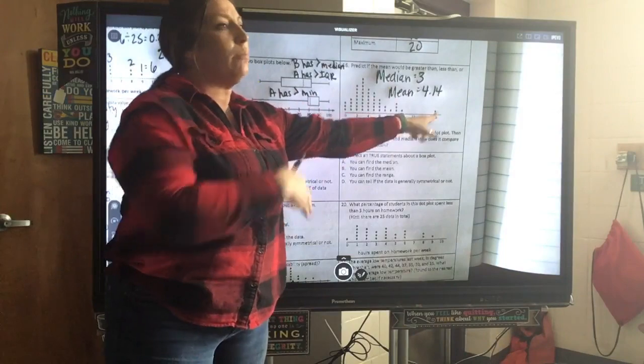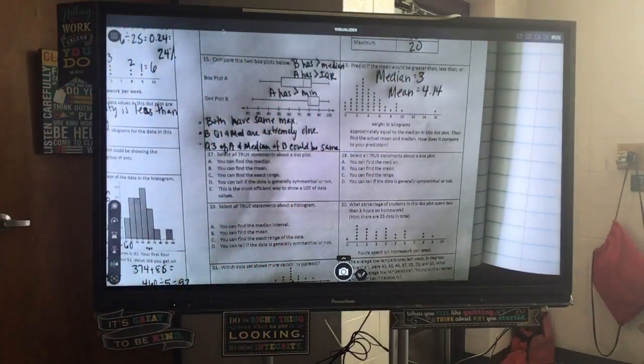With this outlier being greater, we know that our mean is going to be greater. Does that make sense? So without doing any calculations, if you're looking at a chart of data and you have an outlier that's super far greater, your mean is going to be much greater. If you have an outlier that is super low, your mean is going to be lower. Okay? Does that make sense to you guys? Okay.